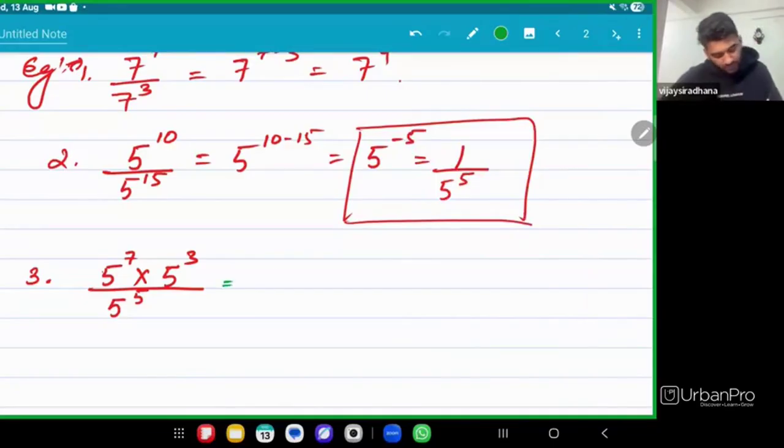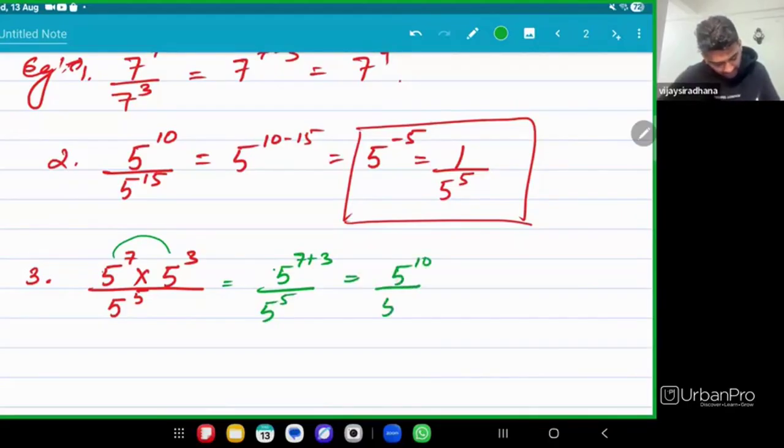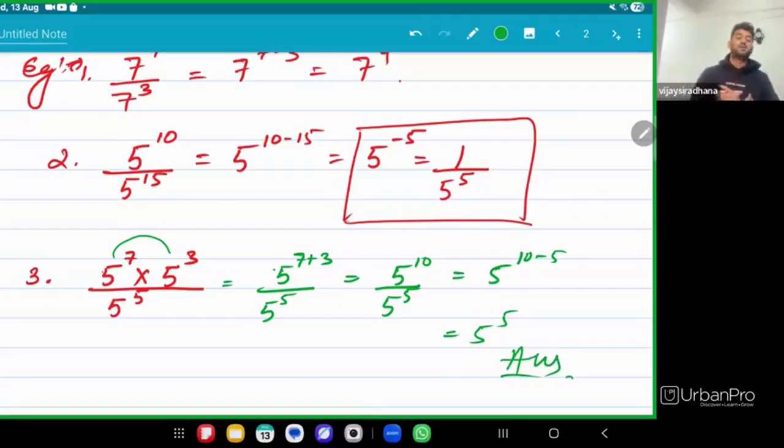First of all, we should add the powers in the numerator. So 5 to the power of 7 plus 3 divided by 5 to the power of 5. So this one would be 5 to the power of 10 divided by 5 to the power of 5, which is 5 to the power of 10 minus 5, which is nothing but 5 to the power of 5, which is the answer. Right? I hope you got this.